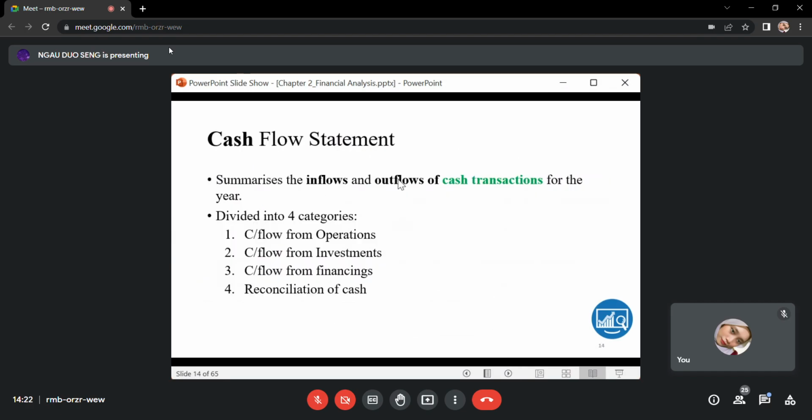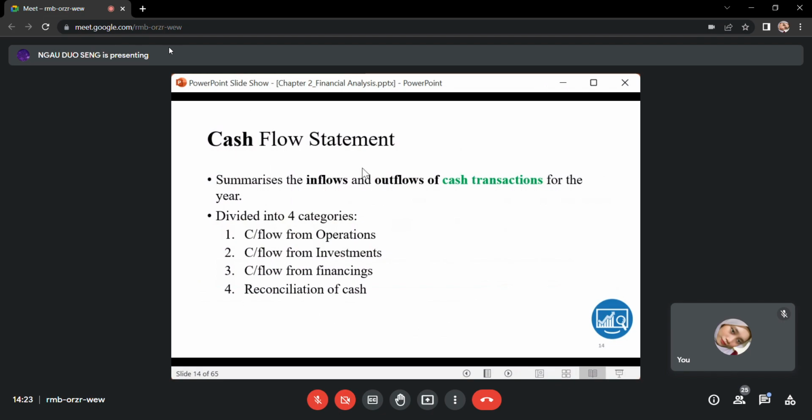Next, we have the cash flow statement. It summarizes the inflows and outflows of cash transactions for the year. This one only records cash, as the name says, right?